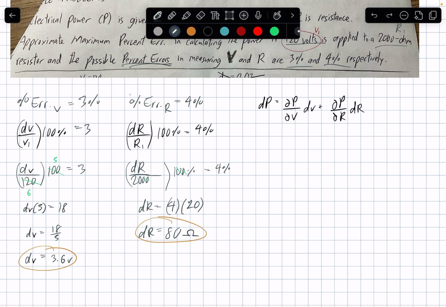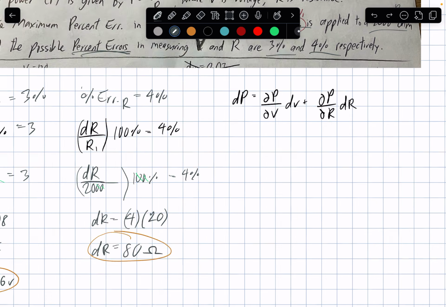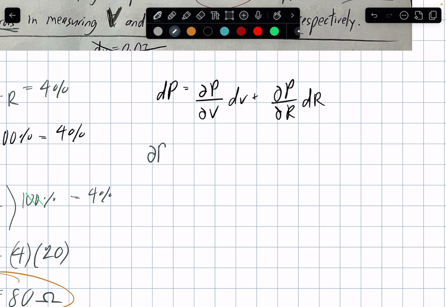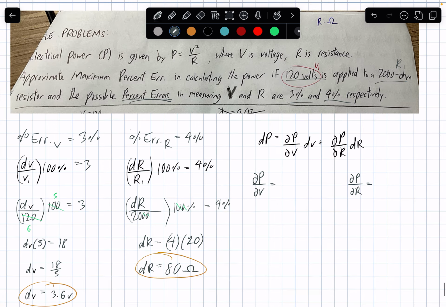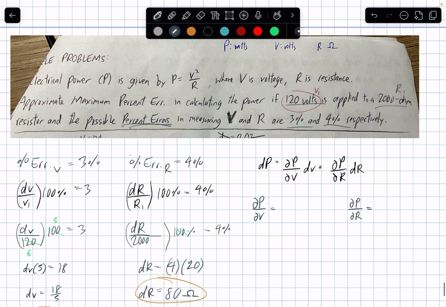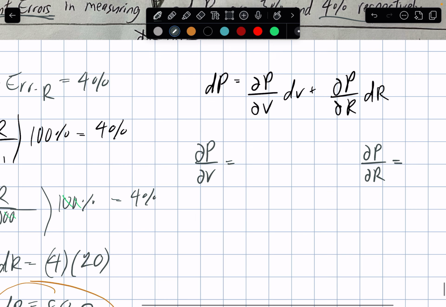So at this point, what we have to look for are partial P over partial V and partial P over partial R. For partial P over partial V, we will render R as constant.